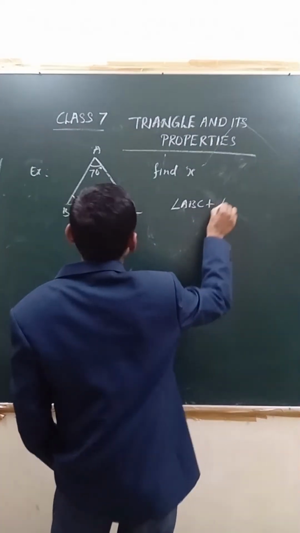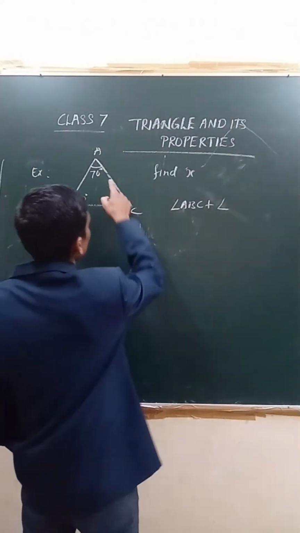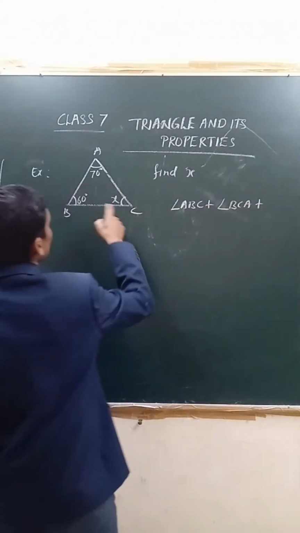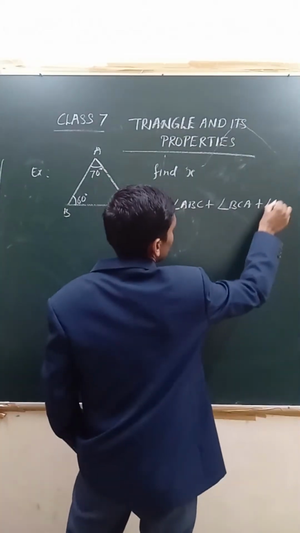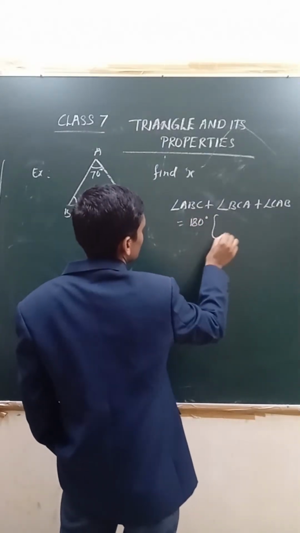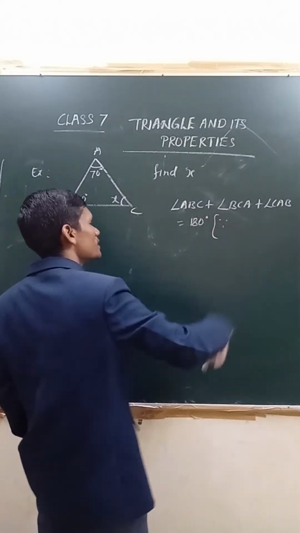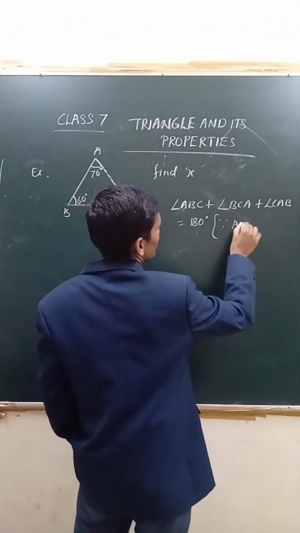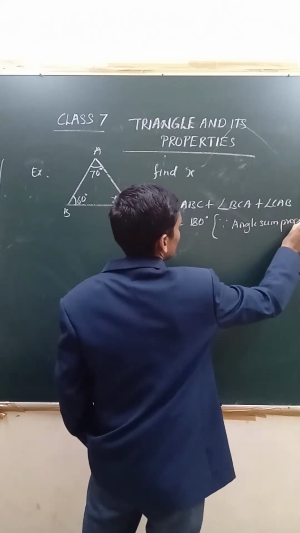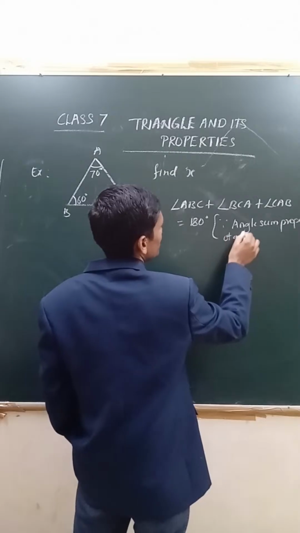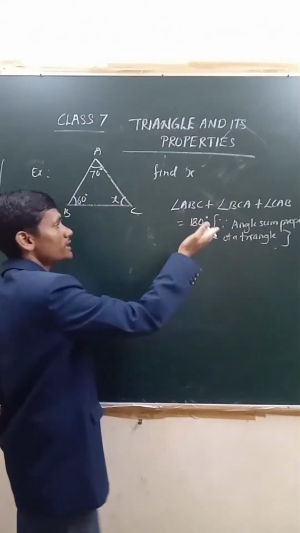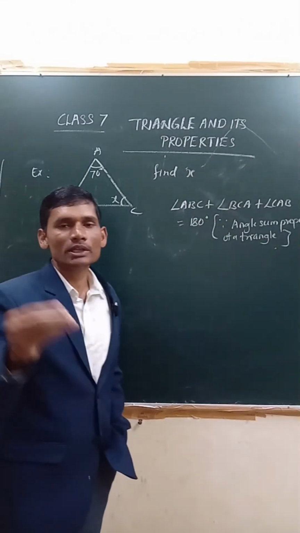Next angle BCA, plus angle CAB, is equal to 180 degree, right? You have to write the reason inside. What is the reason? It is the angle sum property of a triangle. This is the reason, right? On what basis did you take this? If it is asked, you should be able to give the reason for that.